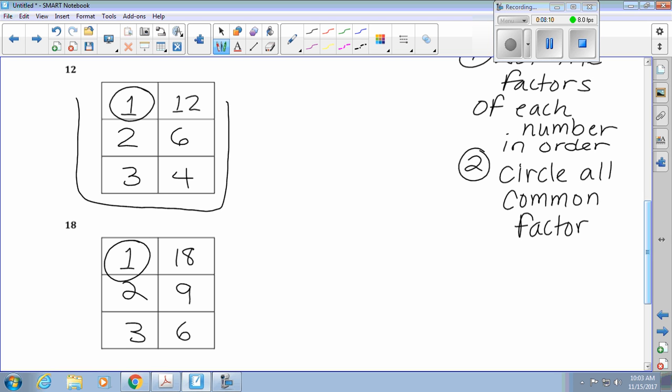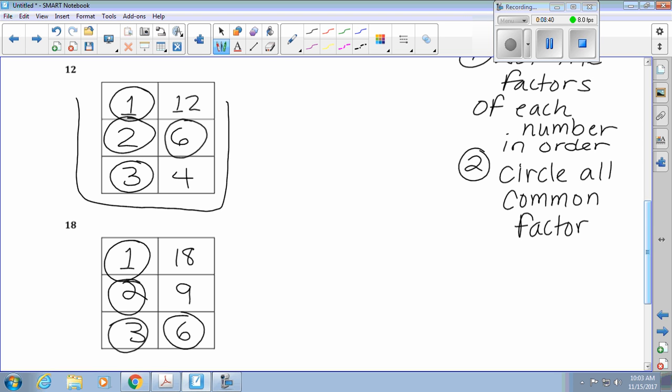Very good. What else? Jade. 3. Very good. So we're circling that in both. And the last one that we see is 2. Very good. Okay, so we have all the common factors circled.